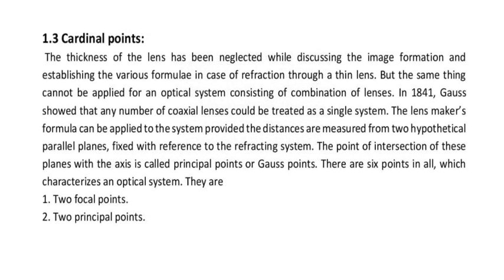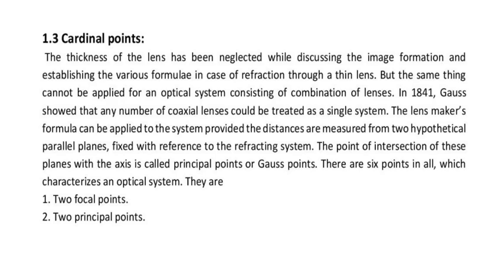Cardinal points. The thickness of the lens has been neglected while discussing the image formation and establishing the various formulae in case of refraction through a thin lens. But the same thing cannot be applied for an optical system consisting of combination of lenses. In 1841, Gauss showed that any number of coaxial lenses could be treated as a single system.